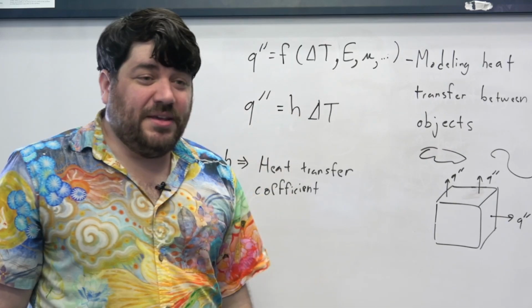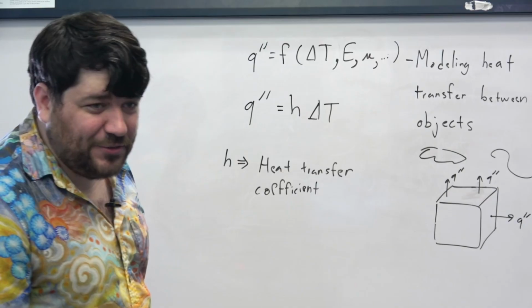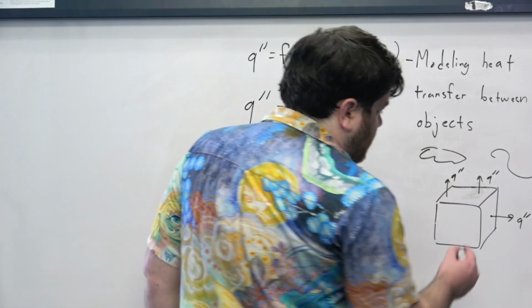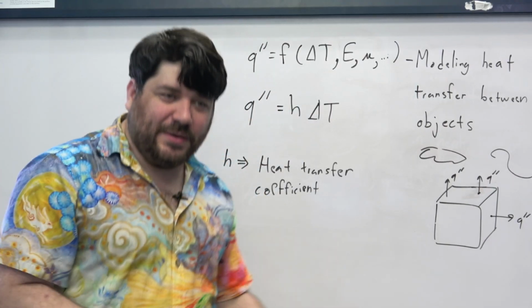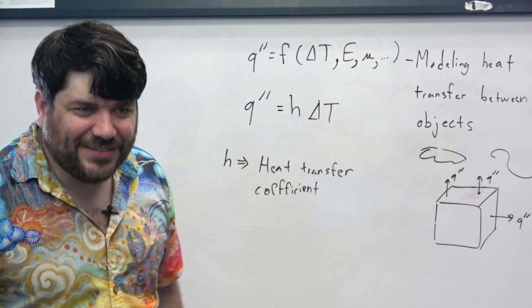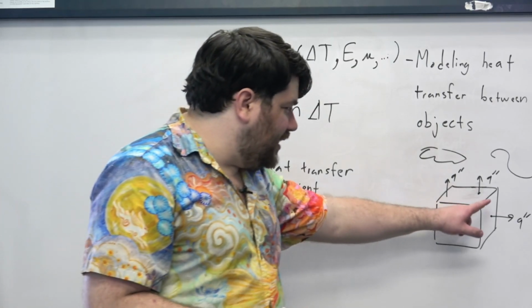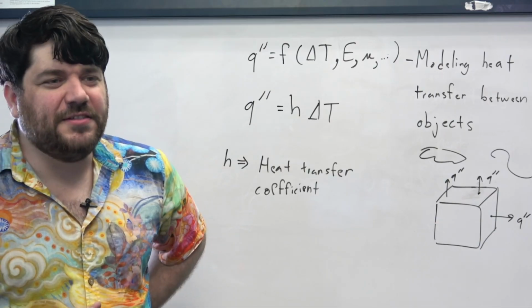This equation winds up being very easy to use because we can say, relatively straightforwardly, oh, well, the temperature of this piece of the surface of this object is something. And the temperature of this piece of the surface of the object is something, right? So we can define the temperature at the surface of the object pretty easily.